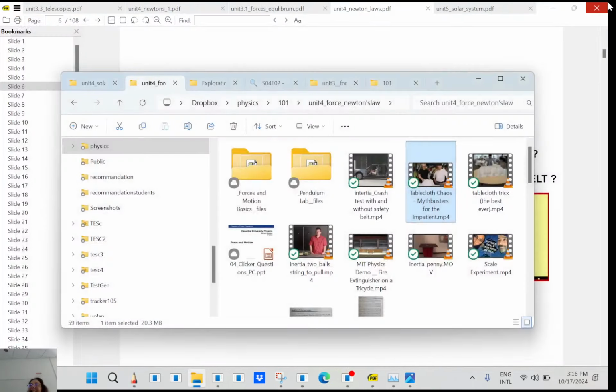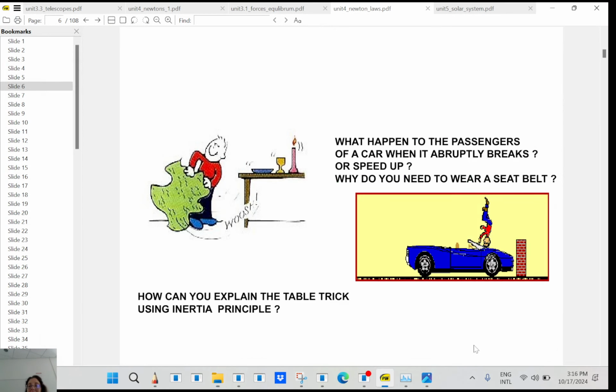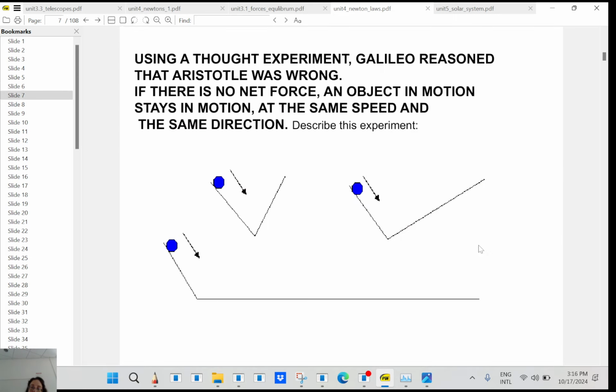They did it. So this is all because of inertia, right? That's why you want to wear your seatbelt. That idea of inertia was introduced by Galileo. He said, imagine you have something rolling.